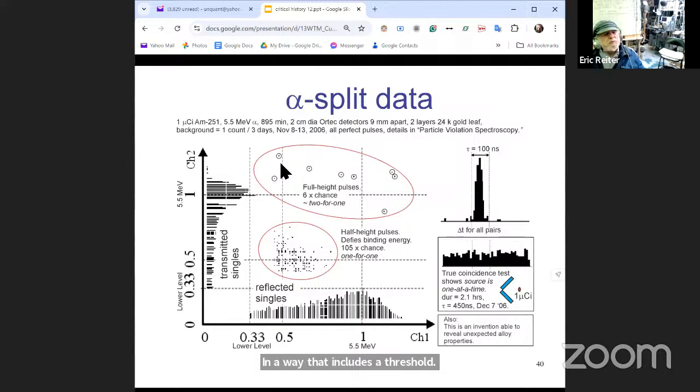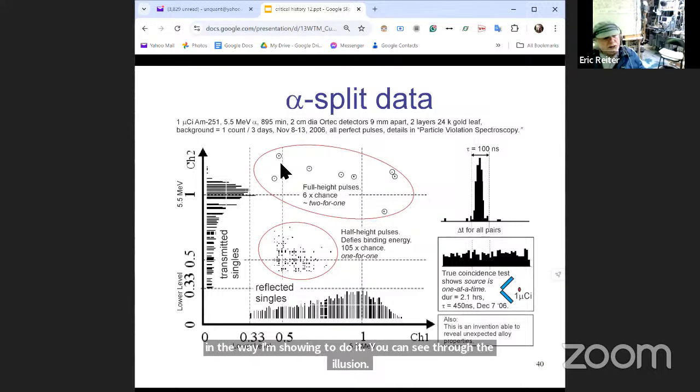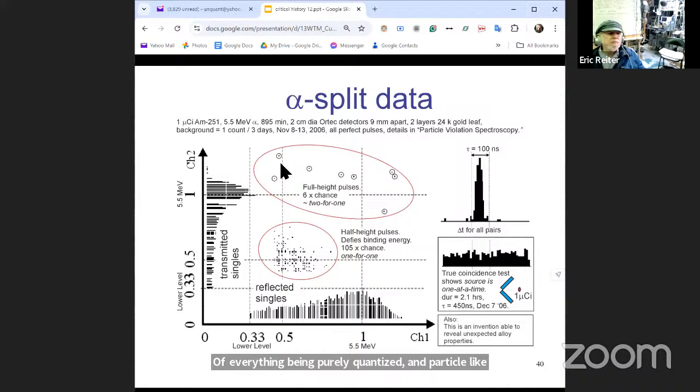You see, the threshold model includes the idea of seeing things as if it looks like a particle. The discontinuity is included in the threshold model. But if you look in the way I'm showing to do it, you can see through the illusion of everything being purely quantized and particle-like, that there's this preloaded state that exists that easily explains the wave properties.